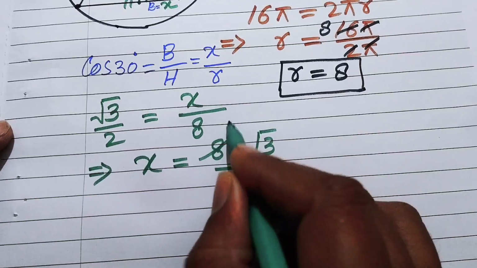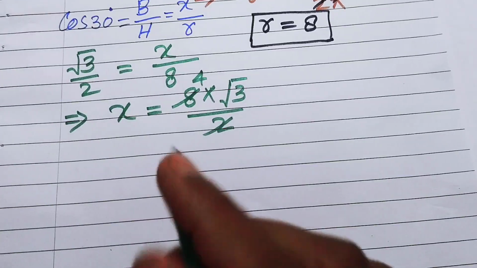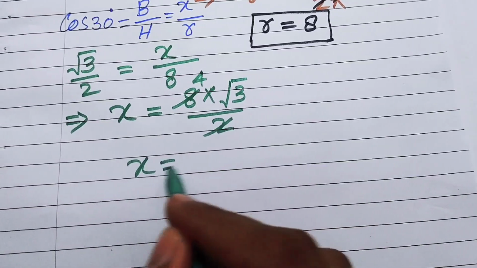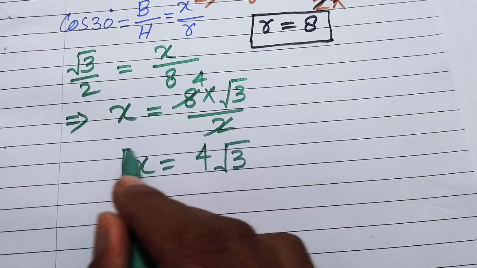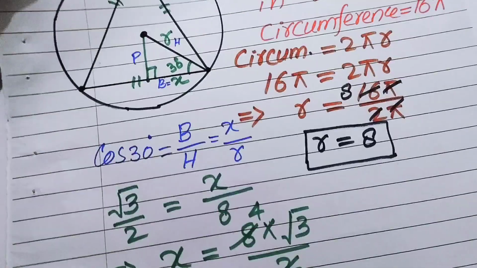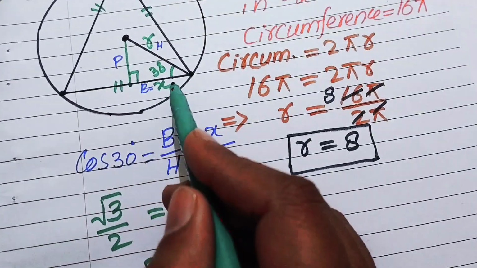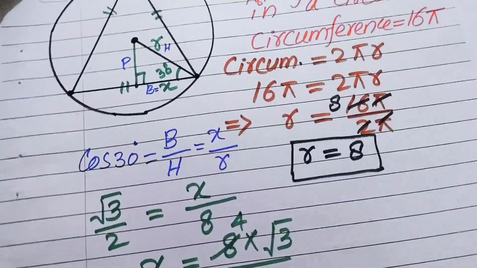The 2 and 8 cancel, and we get the value of x as 4 times square root of 3.